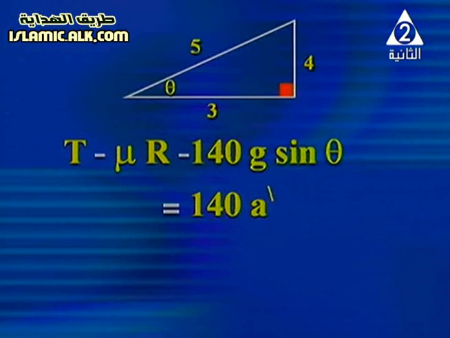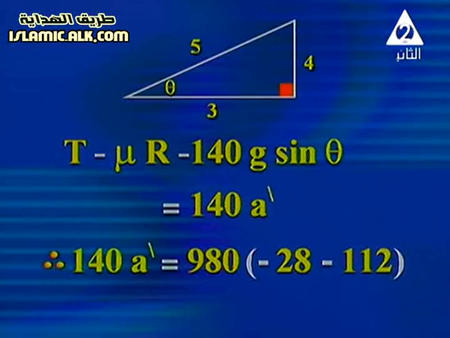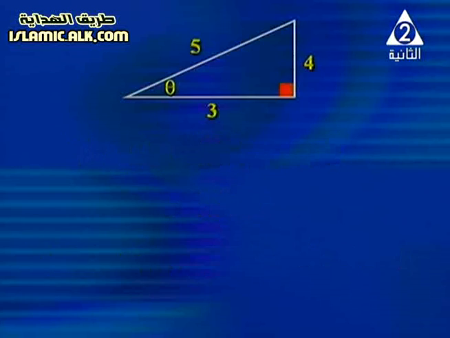Since, dear student, t minus mu r minus 140g sine theta equals 140 a dash. To find the value of a dash, the second acceleration, 140 a dash equals 980 multiplied by the bracket negative 28 minus 112.